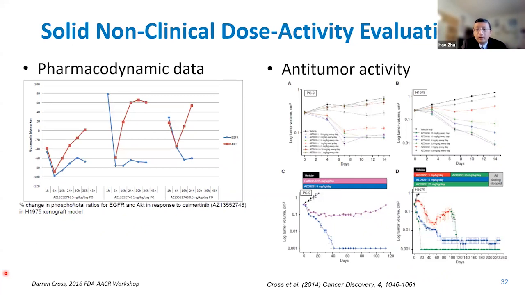Doses greater than 1 milligram per kilo for the PC9 model, which is exon 19 deletion, show tumor volume reduction over time. Likewise, doses greater than 2.5 milligram per kilo show tumor volume reduction in the H1975 model with L858R and T790M mutation.